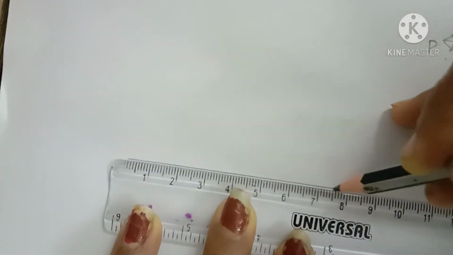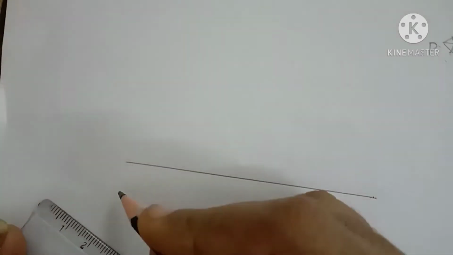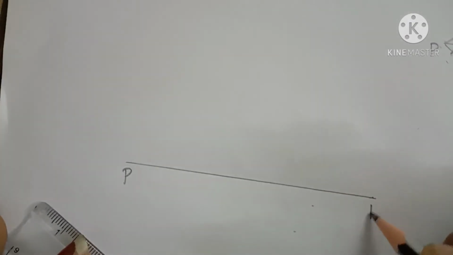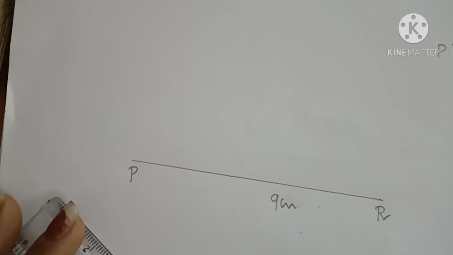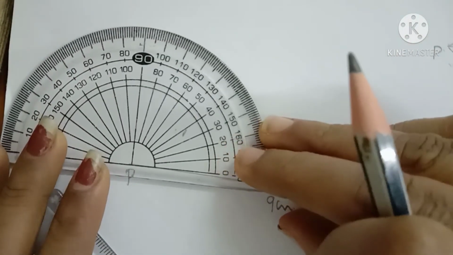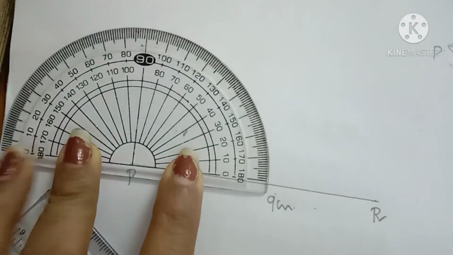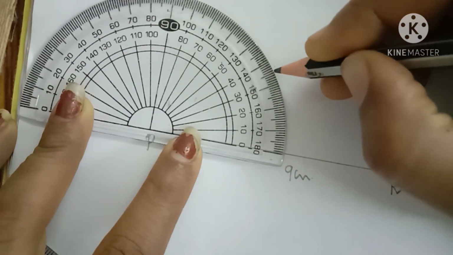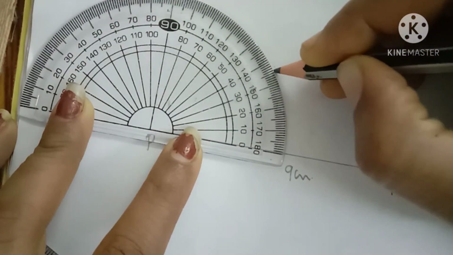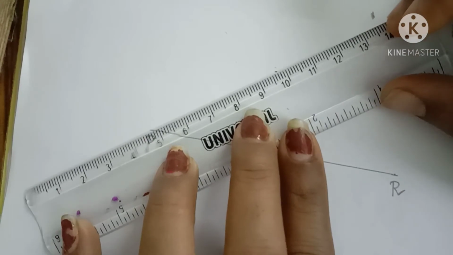First draw line segment PR 9 centimeter. At P, take 35 degree, that is RPX is equal to 35.